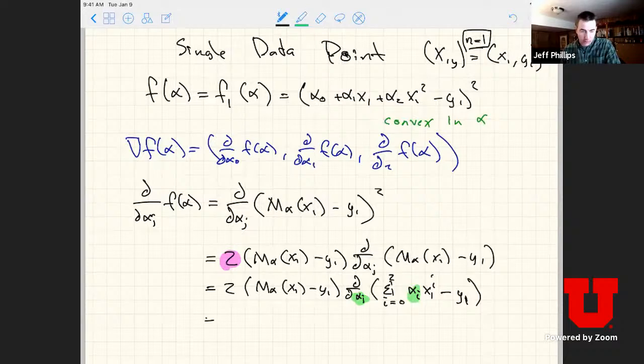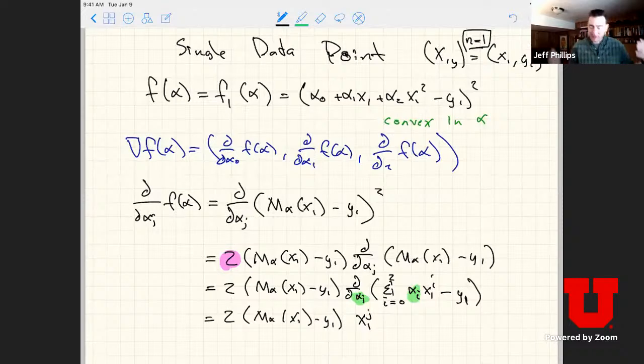So I can pull this down, m alpha x1 minus y1, and then take the derivative with respect to alpha j, and the only term that remains is x1 to the power j. There were 3 terms here, but only 1 is left over.